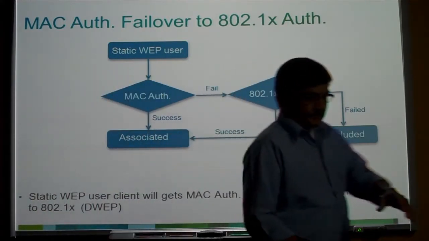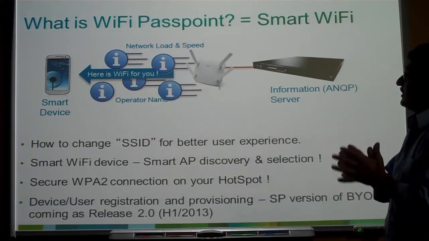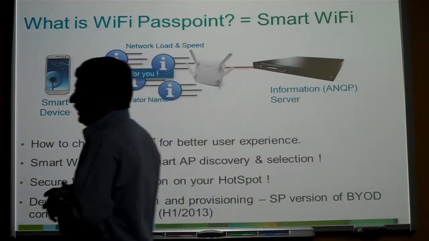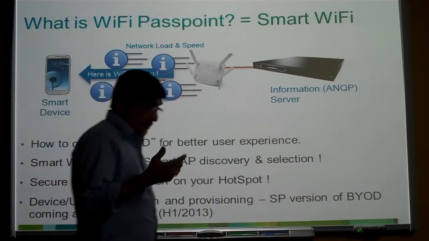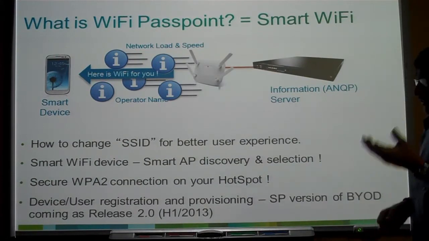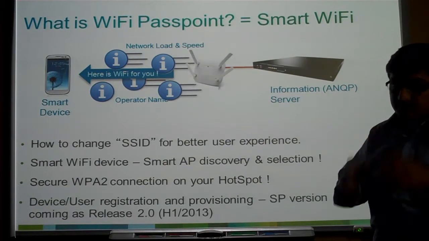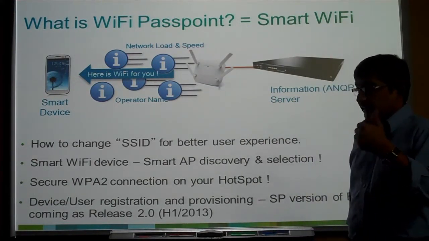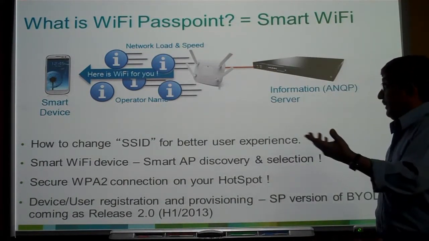So this is another announcement for the Wi-Fi world. Last but not the least, the Wi-Fi Passpoint. What is it? Basically, it's a smart Wi-Fi hotspot, where smart devices, when the user walks into a hotspot, he's a 3G or 4G user but walks into the Wi-Fi coverage area. In advance, the user will be advertised certain information.